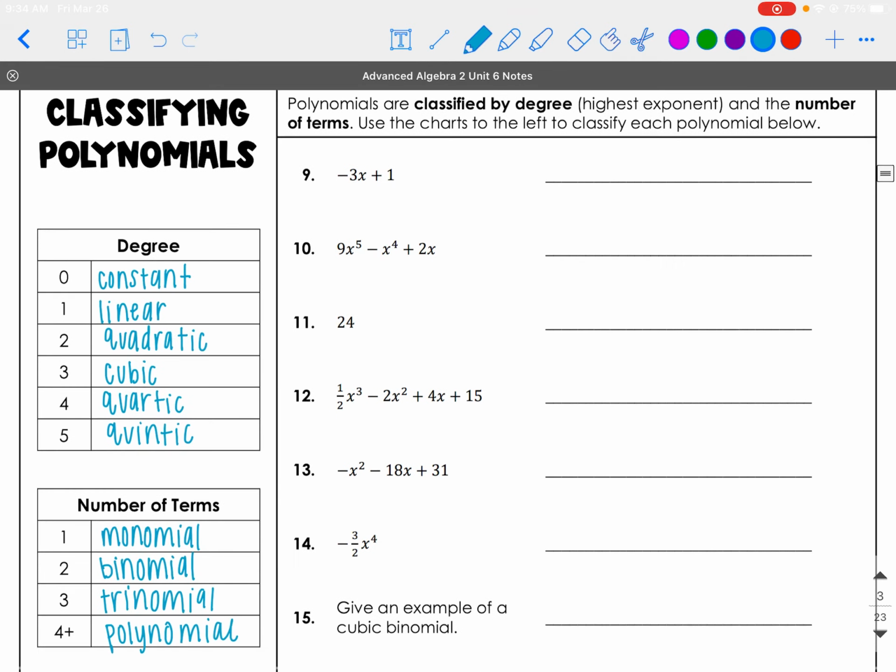So let's look at some examples. Number 9. That one, I only have an x, and that's x to the first power. So the degree is 1, making it a linear. And I have 2 terms, a linear binomial.